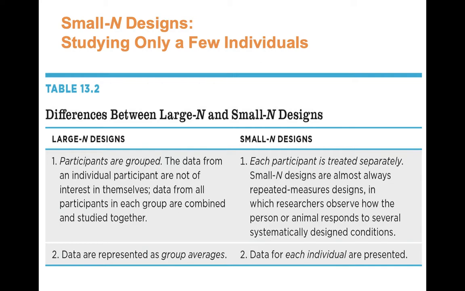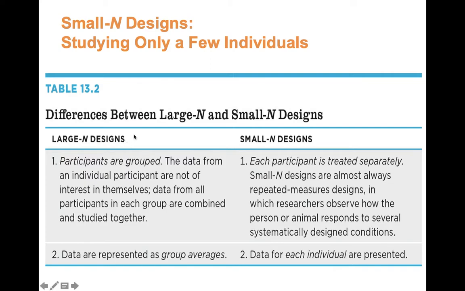When a researcher uses a small n design, they're really gathering a lot of information from just a few people or even a single person. In contrast, when there's a larger sample, researchers tend to get just a little bit of information from each person.